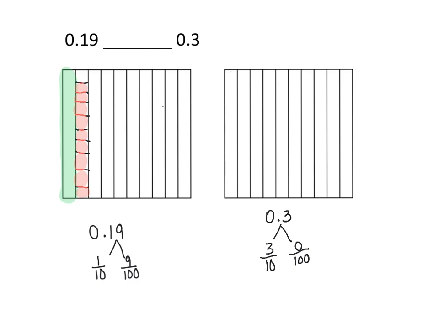So if we have 3/10, this becomes 1, 2, 3, 3/10. Now if you're comparing them, there's no argument here. We know just by looking at the two area models, 3/10 is the winner. So 0 and 19 hundredths is less than 0 and 3/10.